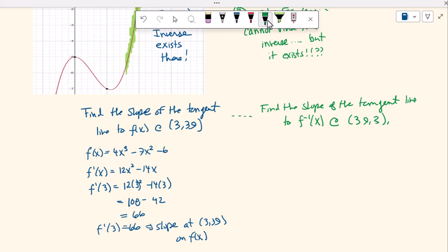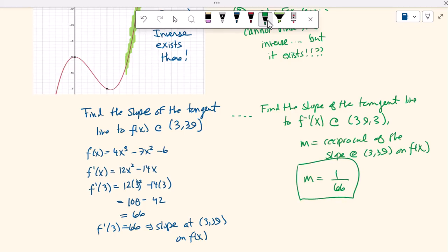At (39, 3), then our slope is equal to the reciprocal of the slope at (3, 39) on my original function f of x. Well, that's just 1 over 66. Okay, that's all it is.